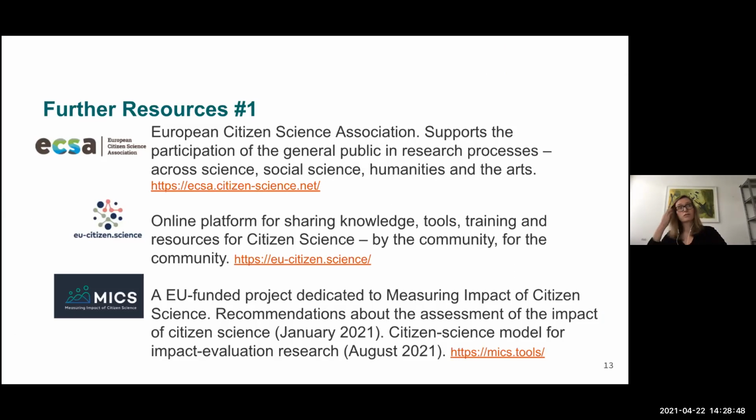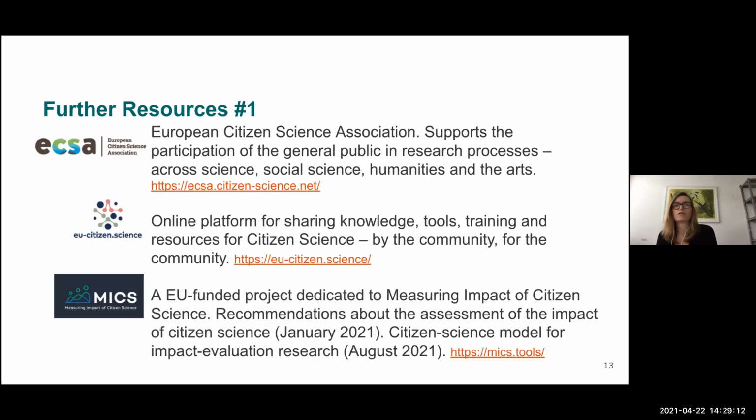Yes, and just to wrap up again, if you want to dive deeper into it, here are some further resources that we can recommend. There is the European Citizen Science Association, where there is also a group on evaluation, discussing evaluation more intensively.